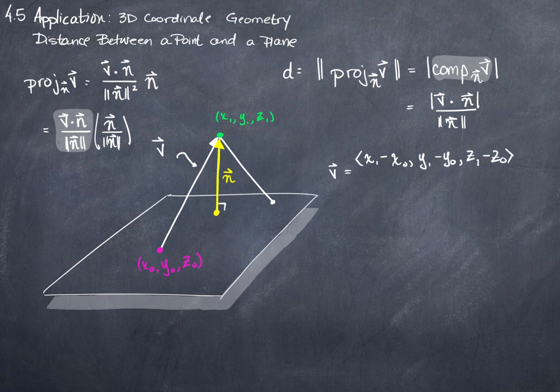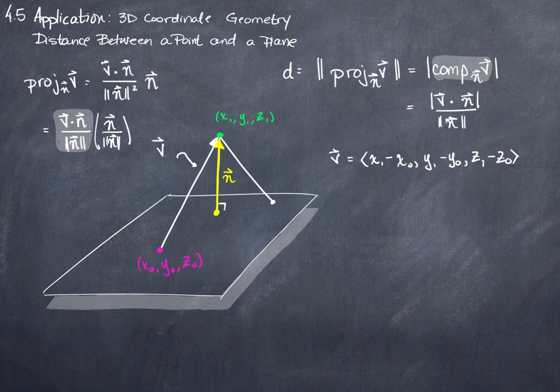That is my vector v. Let's see, I was going to move it down, but I can't, so I will change this a little bit. The vector v is equal to that vector right there. Okay, so I have vector v, and I can now plug that in up here.